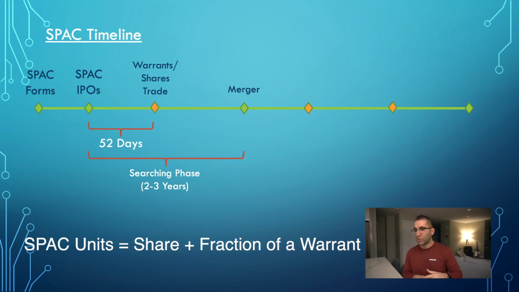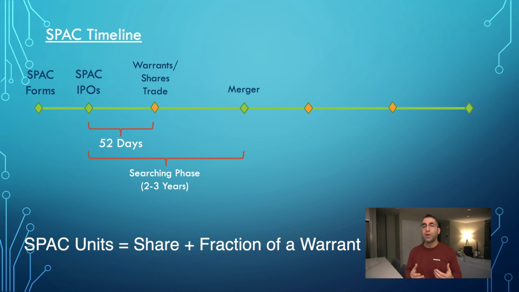Warrants give a holder the right to buy a specific stock at a specific price after it's exercisable. And this exercisable date is usually 30 days after the merger with that other company. That date is also stipulated in the S1. So again, more on warrants later, but what you need to know right now is that you may find units, shares, and warrants all being able to trade and invest in.